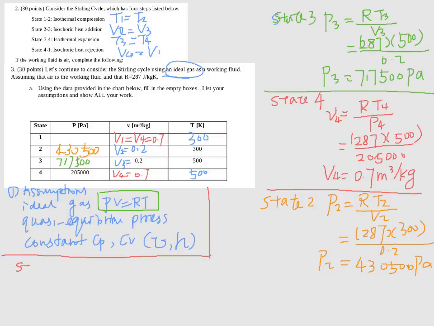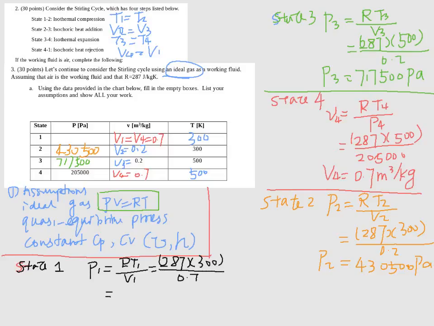I'm going to use a different color here. State 1. Similar to what we did before, P1 is just R T1 over V1, and that is 287 times 300 K divided by 0.7.